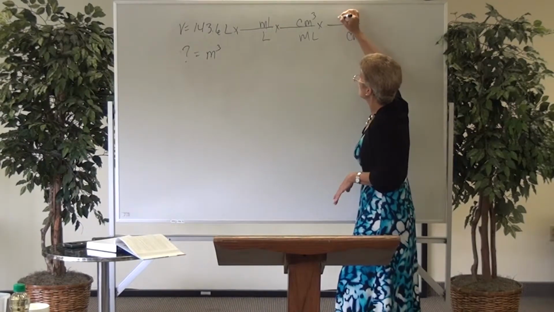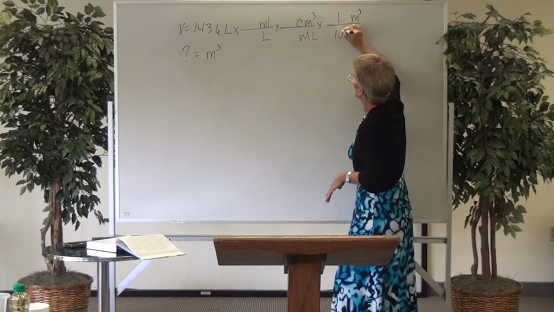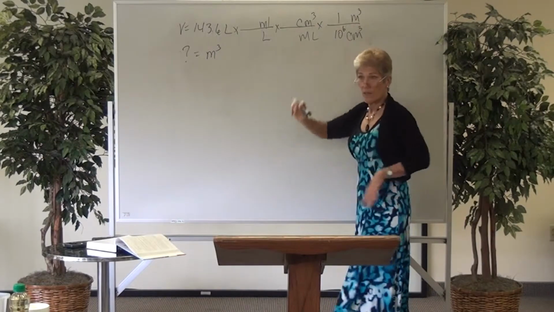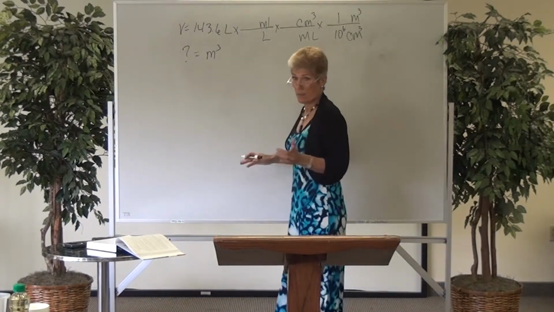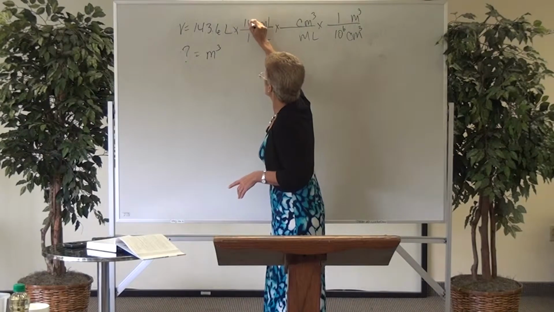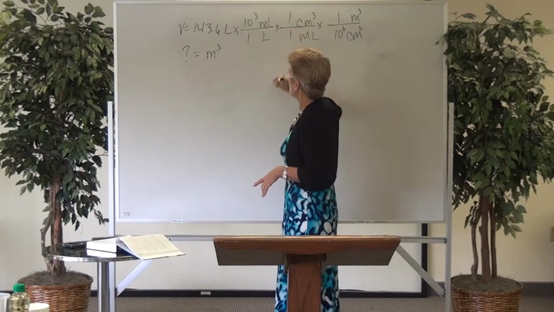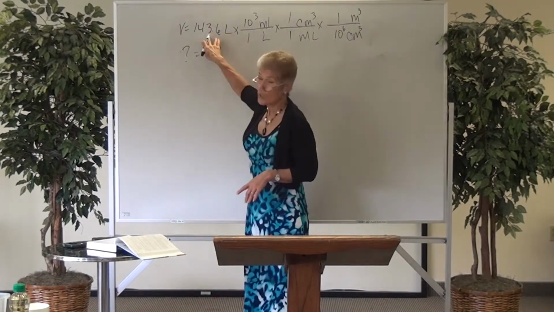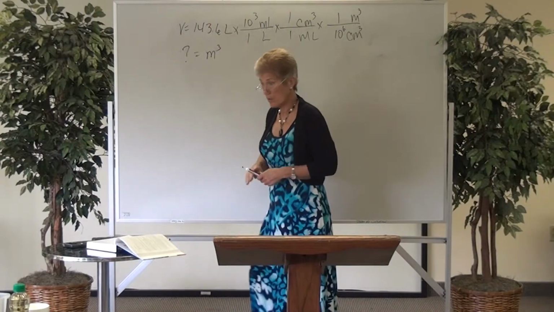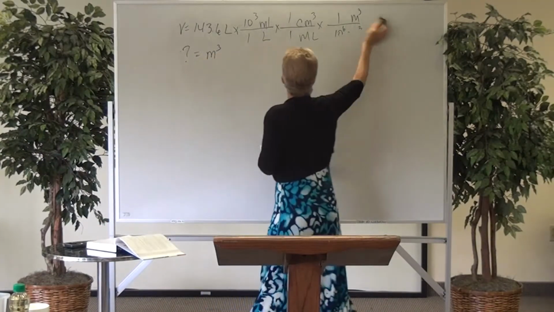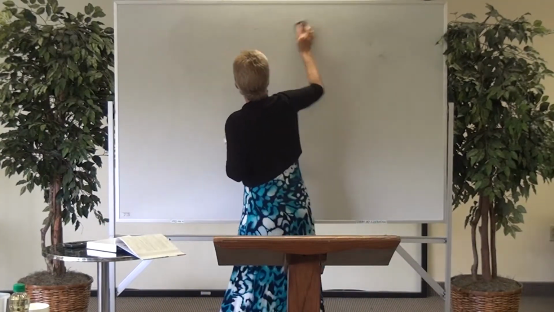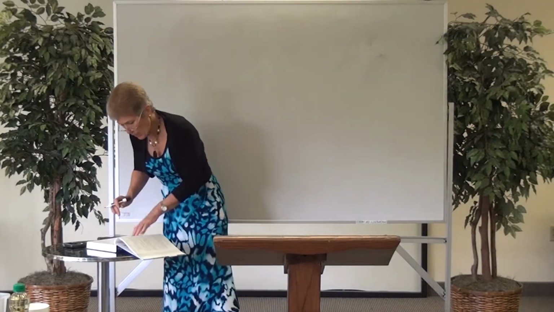And when we cube this, we've already seen that it's going to be 10 to the 6th. We've already seen that today, haven't we? Okay, so then we go 1, this is 10 to the 3rd, this is a 1 to 1. We give our answer in 4 significant figures. Okay, the most important thing is your bridge. Make sure you can build these bridges and that you're putting your numbers in the right place.